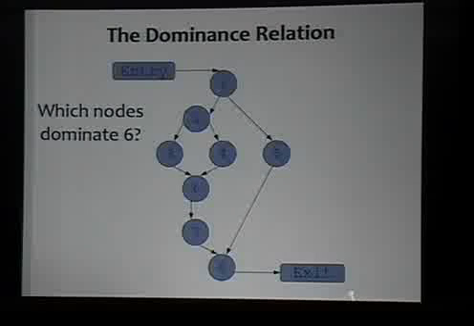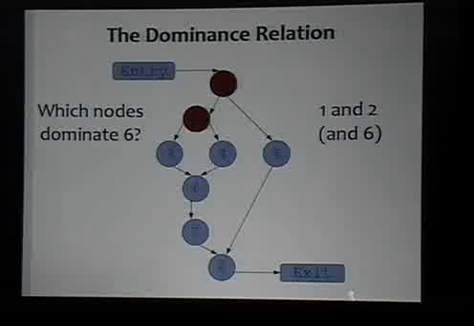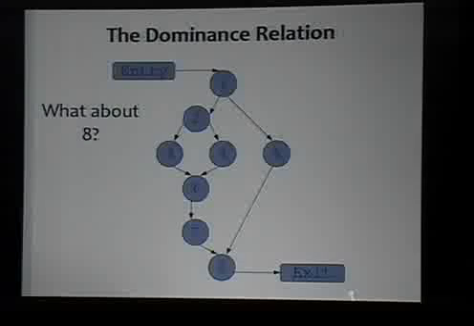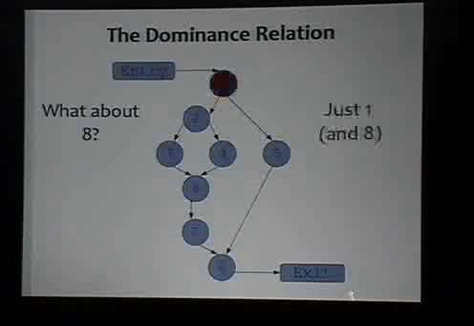Okay. So 1 and 2, and 6 also dominates itself, but we're not going to care about that. What about 8? Well, the only node that dominates 8 is 1, because everything else is conditional on the branch that 1 takes. So just 1 and 8.